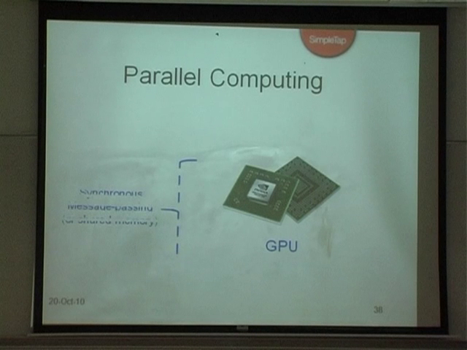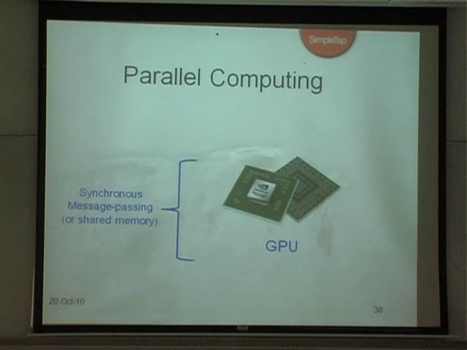Parallel computing. GPUs are basically enormous SIMD machines. All of the processors are executing the same program in the same step, and they have multiple data streams. GPUs are a hot area in systems right now because people have discovered that they're good for things other than graphics.